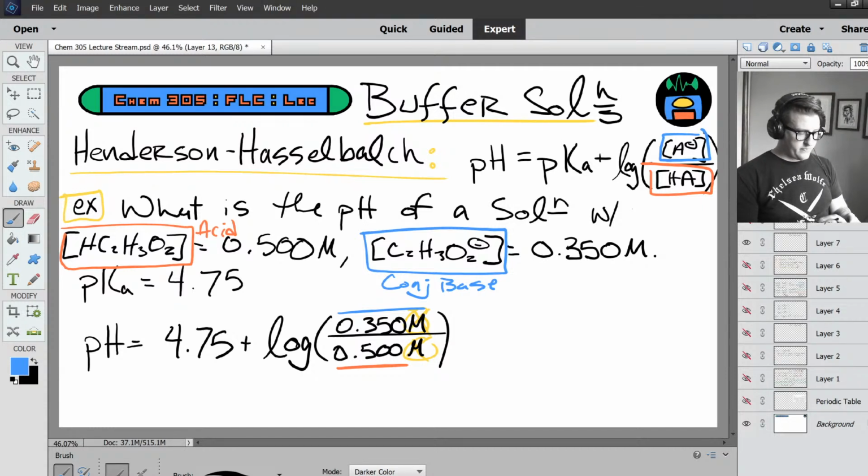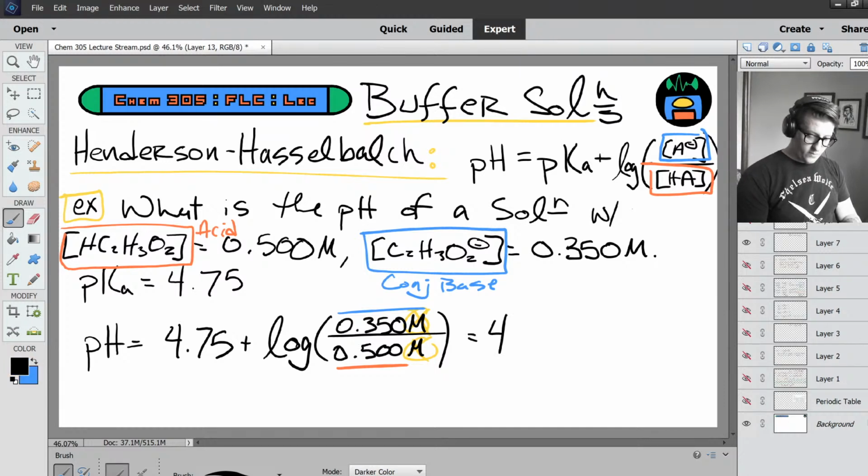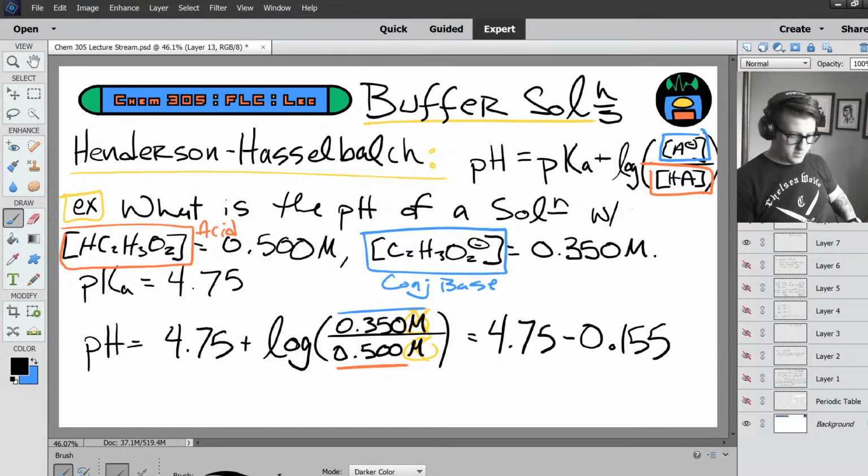All right, so 0.350 divided by 0.500 is 0.7. We take the logarithm. So this is equal to 4.75 minus 0.155.